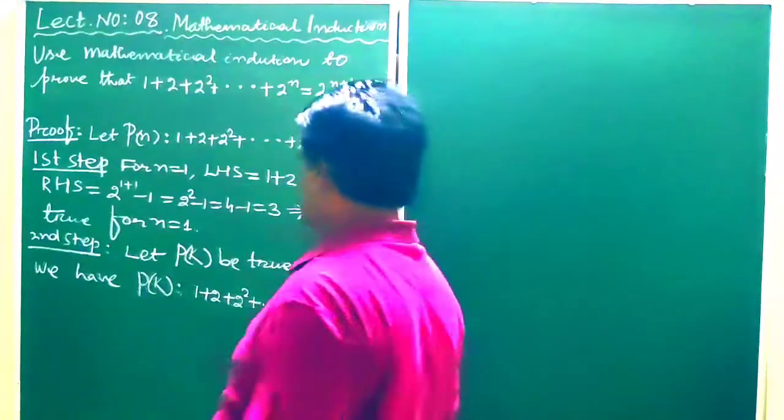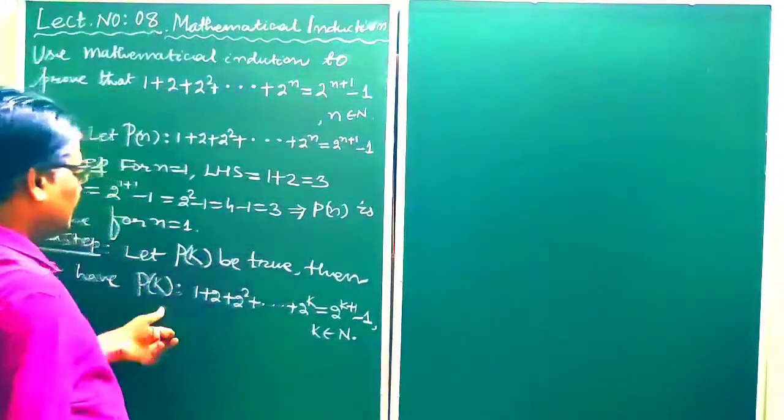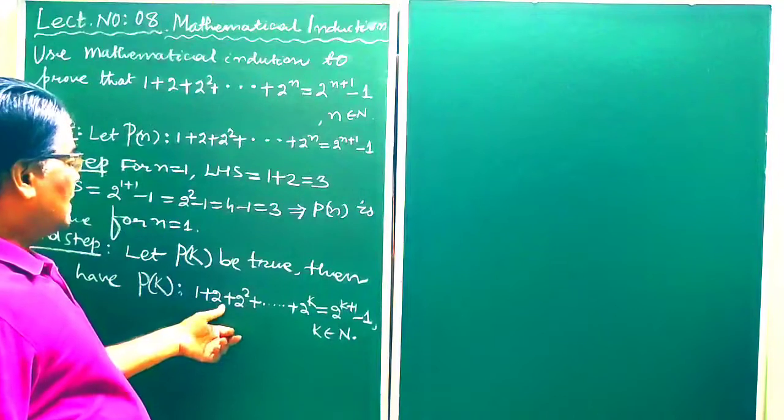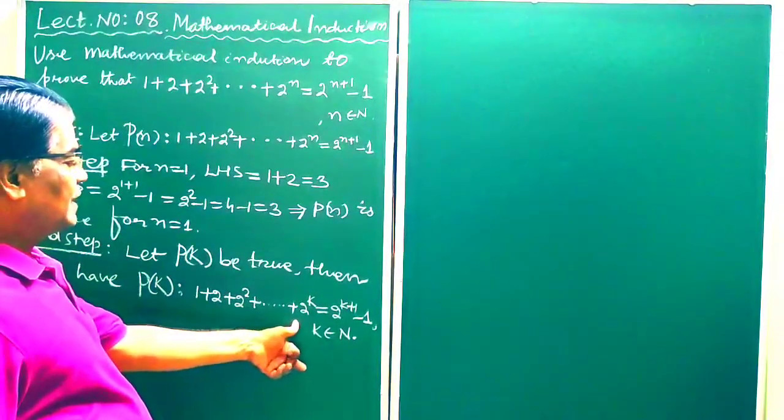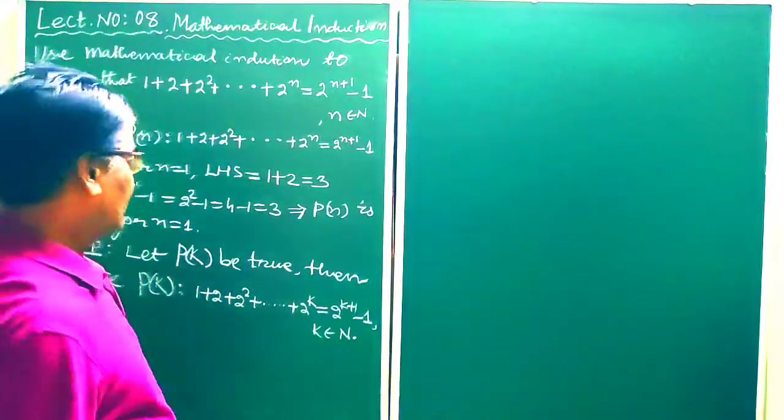That is why we have written P(k) stands for 1 + 2 + 2² up to 2ᵏ = 2ᵏ⁺¹ − 1.